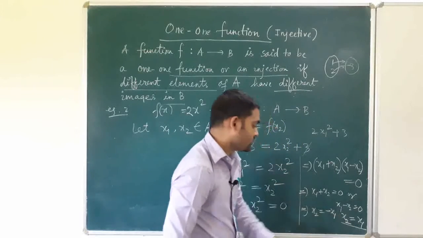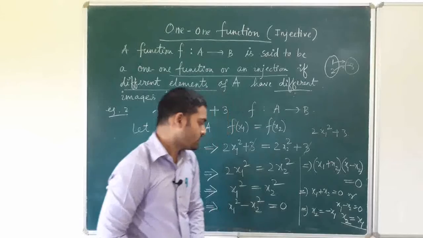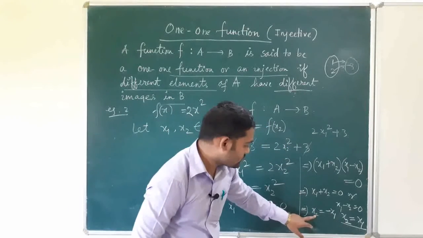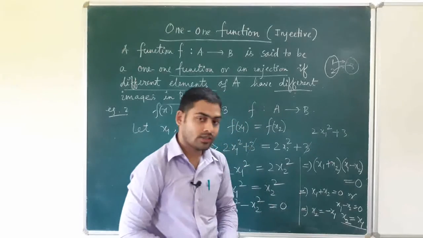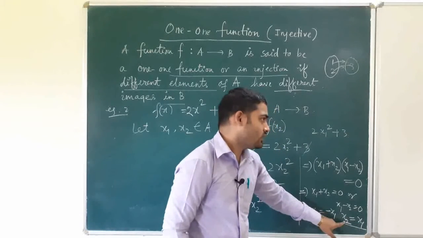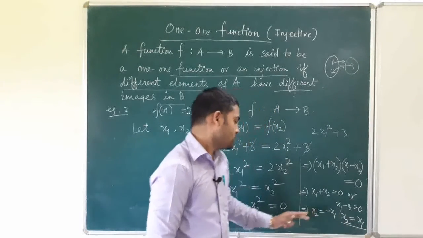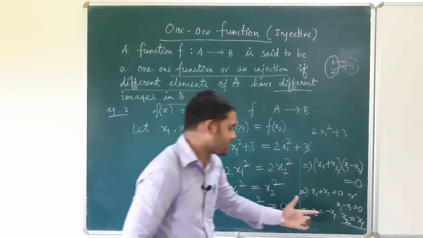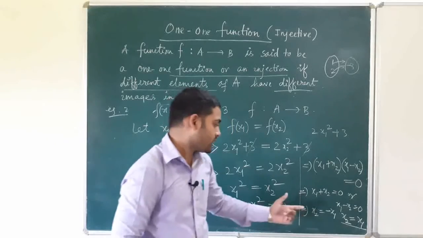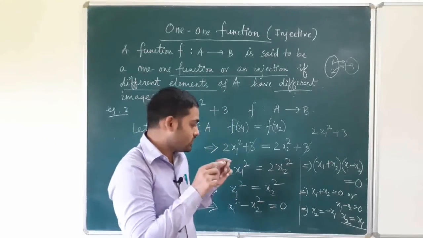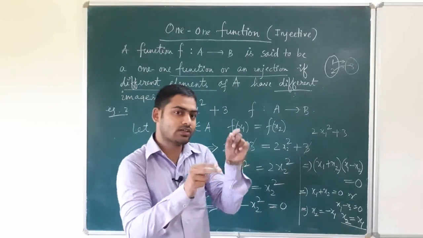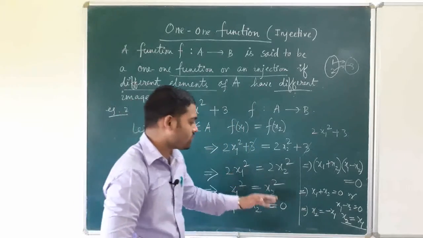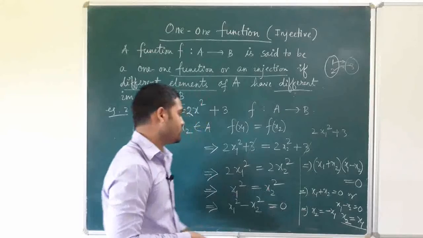Now you see this. Here x2 is equal to minus x1. If you give 1 input, then you get two values of x2. So you are getting two inputs for one value. So this is not a 1-1 function.